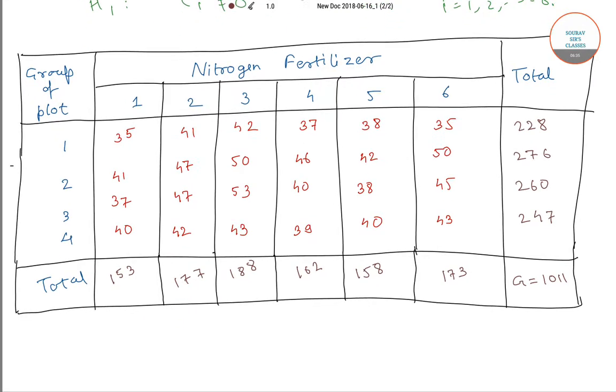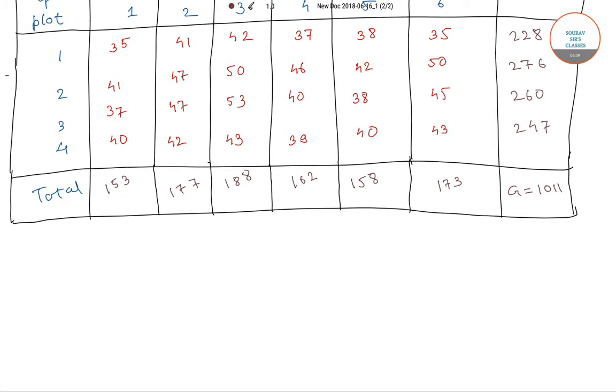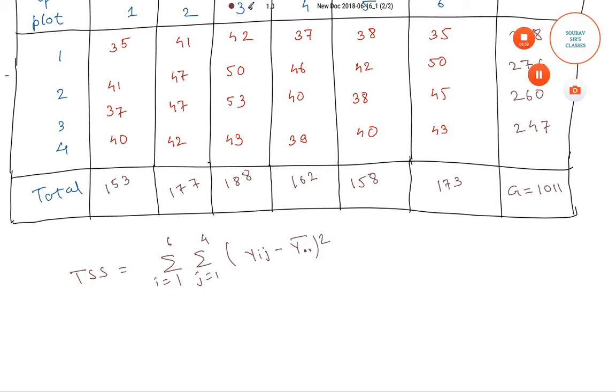From here, we know that TSS is equal to the summation, i runs from 1 to 6 and j runs from 1 to 4, of (Yij minus Y bar double naught) whole square.